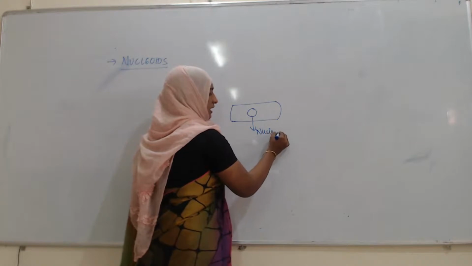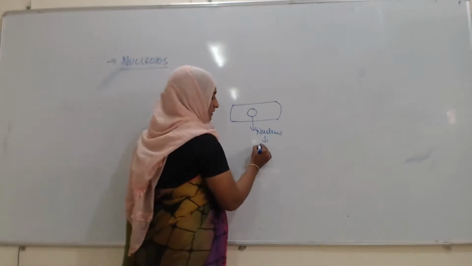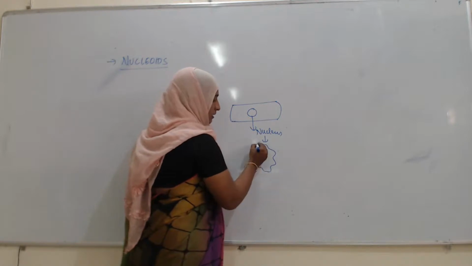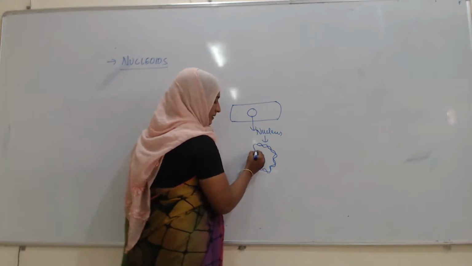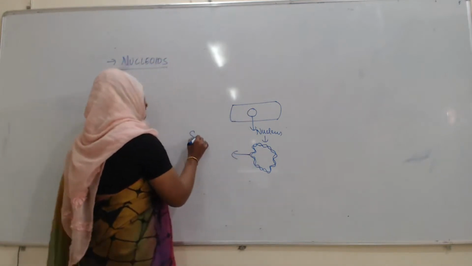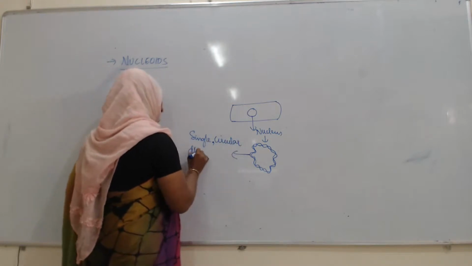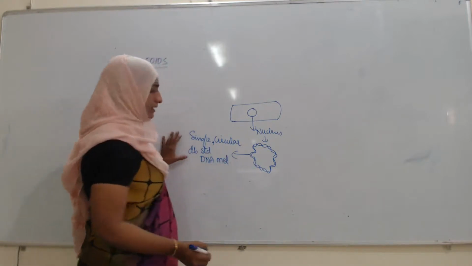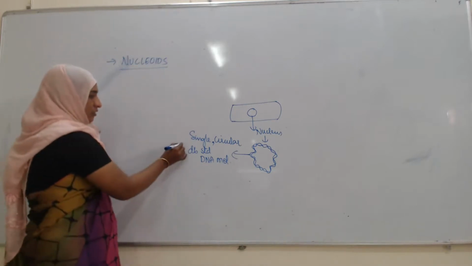This nucleus will have a single circular double stranded DNA molecule, which is often called the bacterial chromosome.